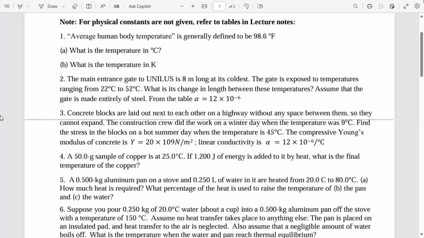Find the stress in the blocks on a hot summer day when the temperature is 45 degrees Celsius. The compressive Young modulus of the concrete is 20 times 10 to the power 9 newtons per square meter. Linear expansivity alpha is equal to 12 times 10 to the power minus 6 per degree Celsius.